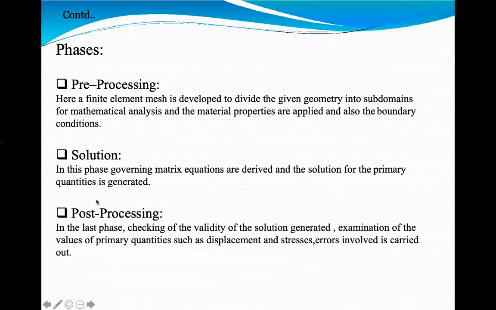So in post processing, we will be checking whether our solution is correct. Then we will be checking the stress values, displacement, and strains, whether our stresses are below the allowable limits, and in which location the stresses are higher.